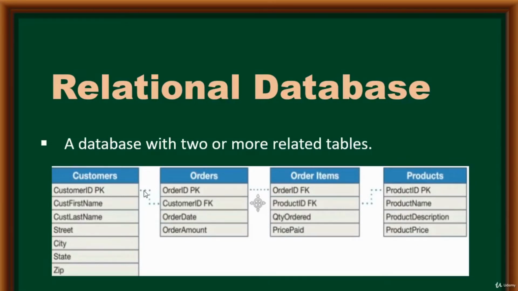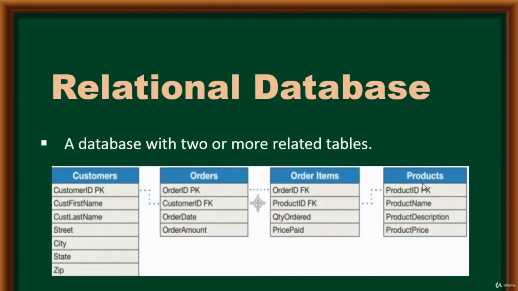So you can see the dot representing the relationship because there's a customer ID there and there's a customer ID there. All right, if we look at this order items table and this orders table, we've got an order ID, we've got an order ID. You can see the dot here representing the relationship.